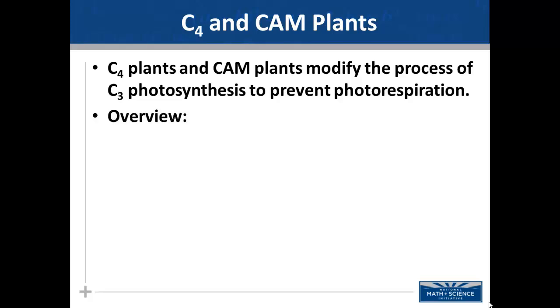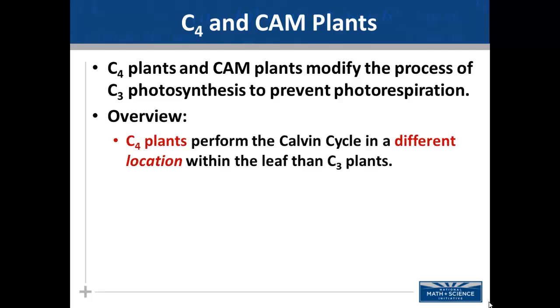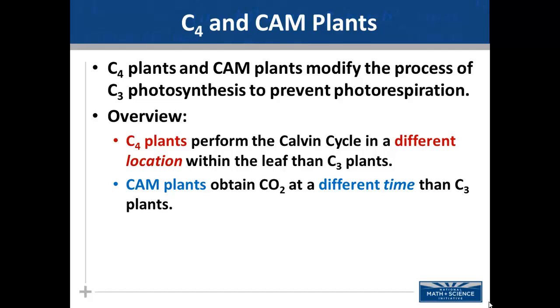So as a brief overview, C4 plants perform the Calvin cycle, that second step, the carbon fixation piece, in a different location within the leaf than C3 plants do. And CAM plants obtain their carbon dioxide at a different time than C3 plants. Okay, and we'll talk about the details of that in just a second.